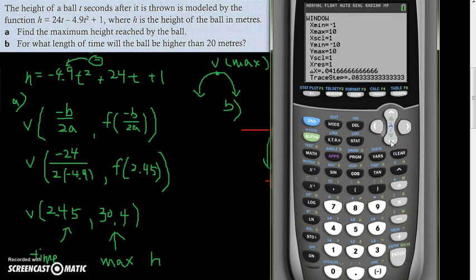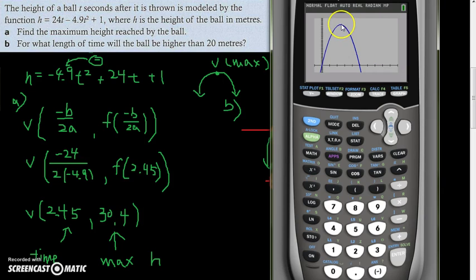My y, -10 is a bit too much, so maybe -5, that's enough. But my y max, since my maximum point is at 30.4, maybe I'll give myself 35. And then go back to my graph. There you go. So we see a better zoom of the graph.